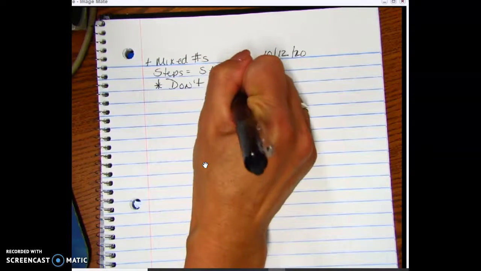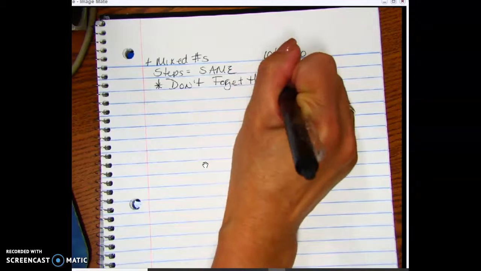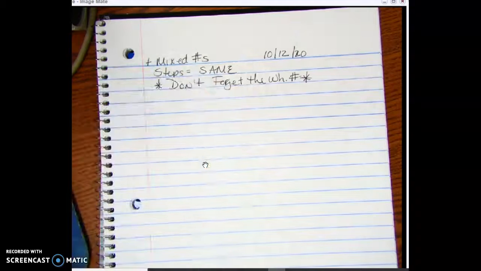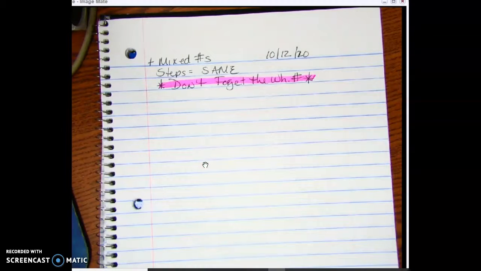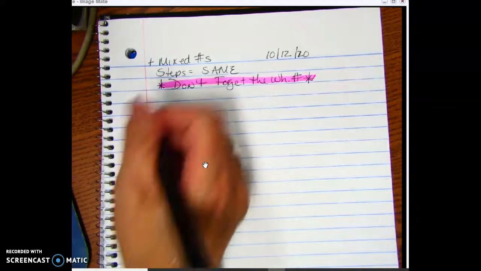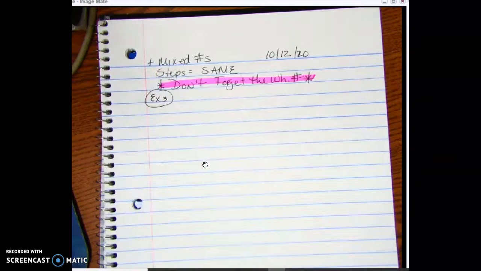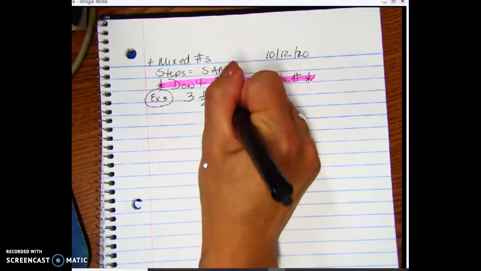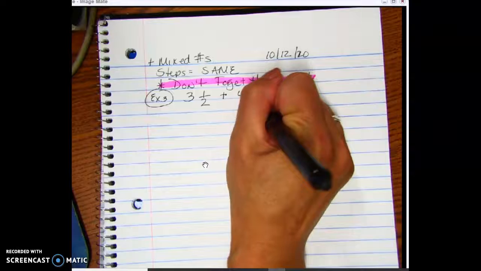But here's the really important part is don't forget the whole number. It's so important that I'm going to even highlight it. So let's go ahead and take this example. Here's our example 3. So we have 3 1/2 plus 4 2/3.